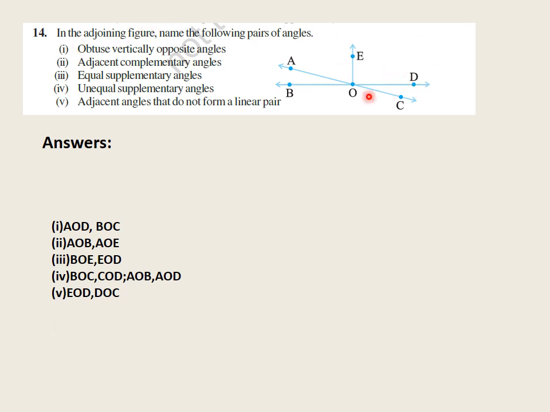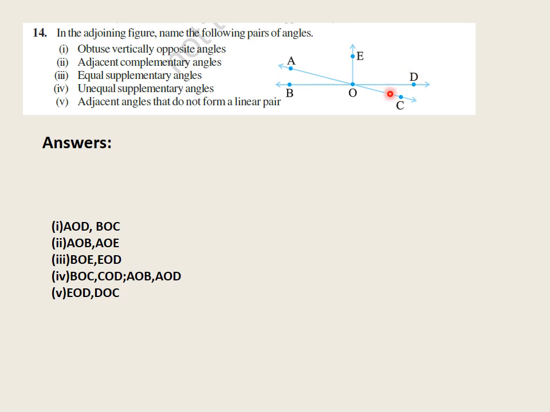In the adjoining figure, name the following pairs of angles. Obtuse vertically opposite angles. Obtuse means it should be more than 90 degrees. First of all, vertically opposite angles means you should have two lines intersecting each other, and they have to be obtuse.